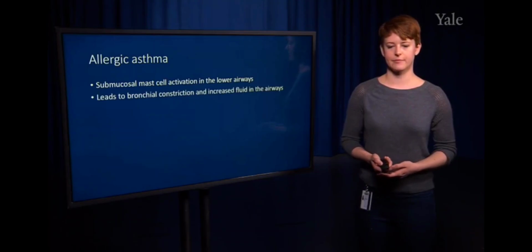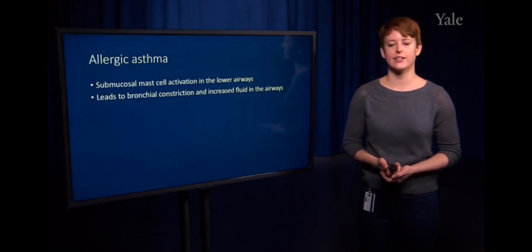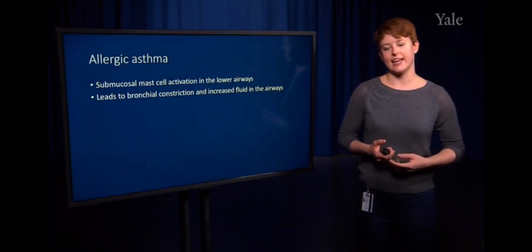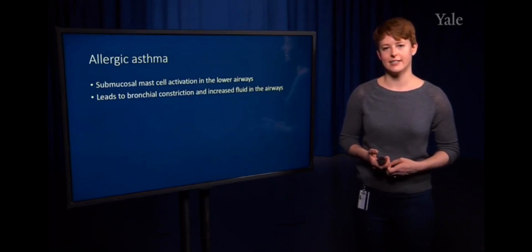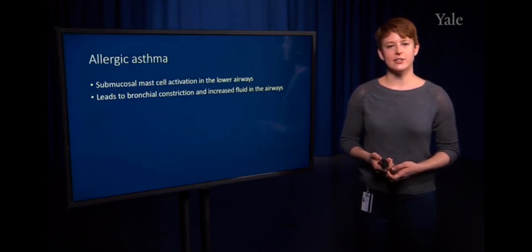And this activation leads to bronchial constriction and increased fluid in the airways. So the airways will constrict and get smaller, making it harder to breathe and get in oxygen. There's also an increase of fluid secretion.